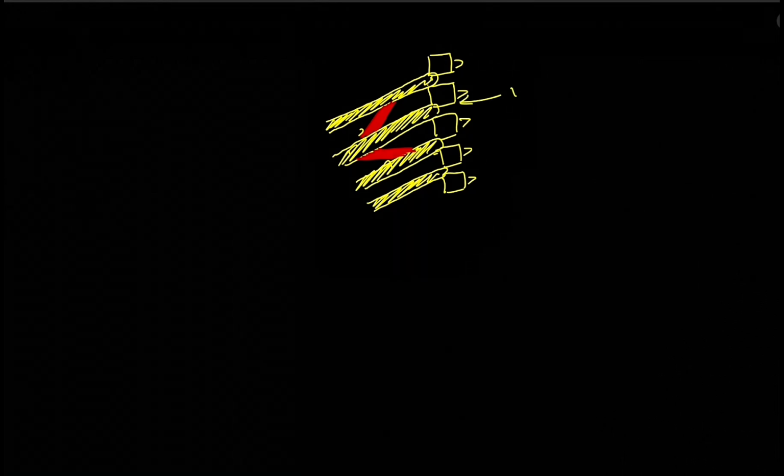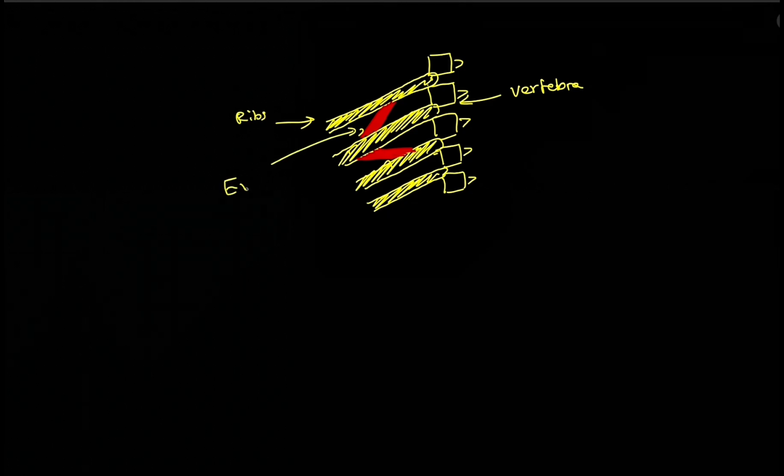Imagine this is your vertebra, and these are your ribs, and these are your external intercostal muscles, and you have the internal intercostal muscles.